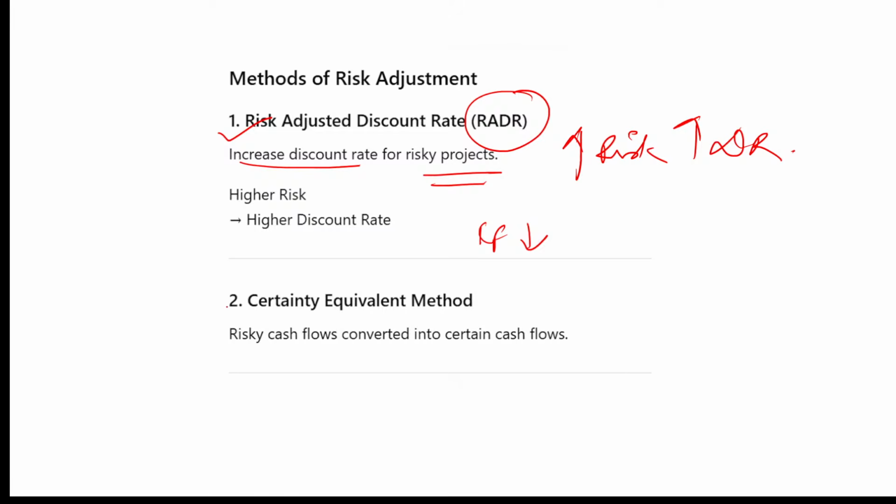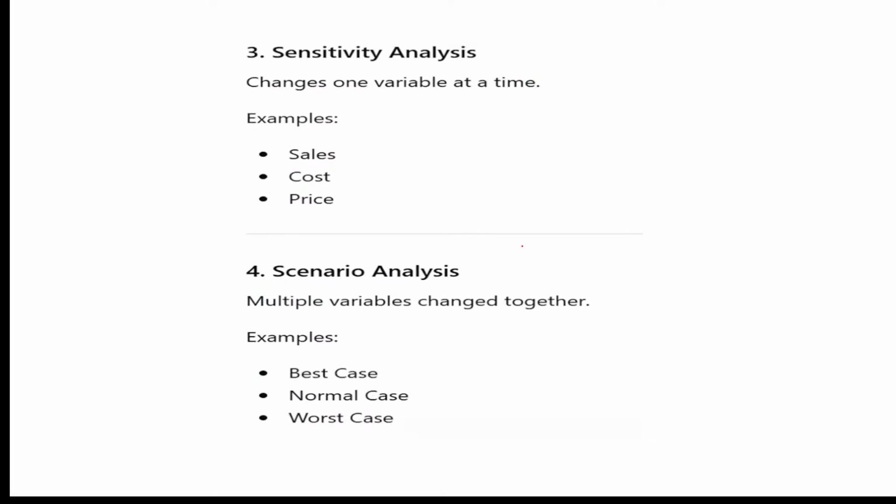Certainty equivalent method. The second method that we will use for risk adjustment is certainty equivalent method. Risky cash flows converted into certain cash flows. This is known as certainty equivalent method. We are trying to make them certain cash flows. Third you have is sensitivity analysis.